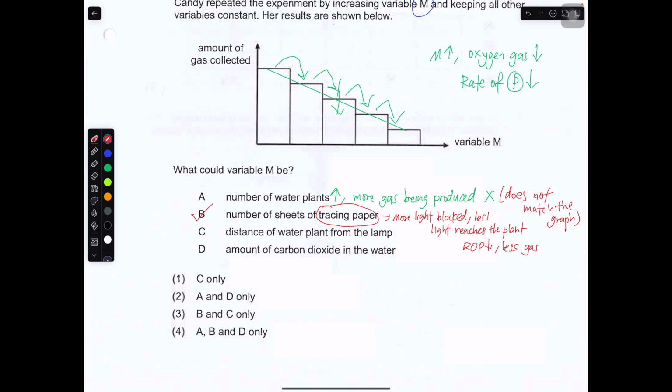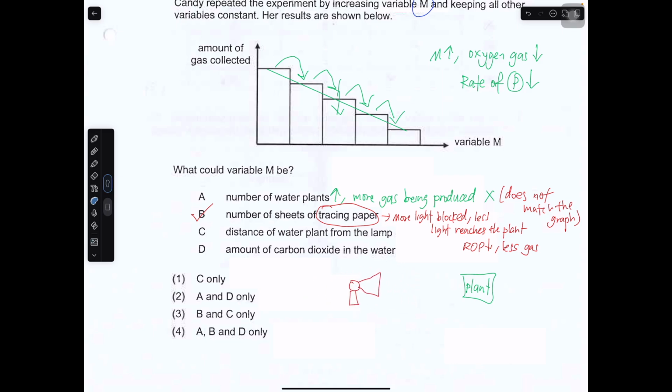Distance of the water plant from the lamp. So you have to read this very carefully. He's trying to say that the distance of the water plant from the lamp increases. So now the lamp, okay, this is the lamp, and this is the plant. So he's trying to say that the lamp increases in distance.